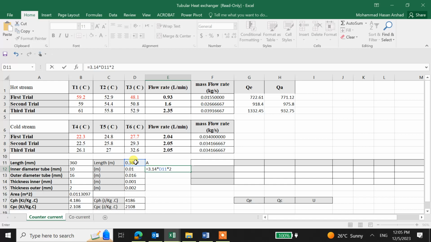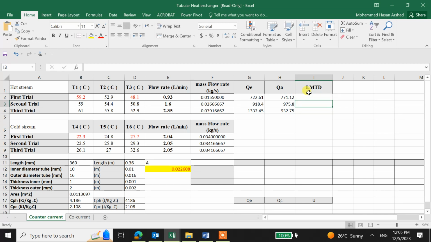Which d? Inner diameter. So you can see I'm getting double area. So this is the area. Now what we need to do, the LMTD.